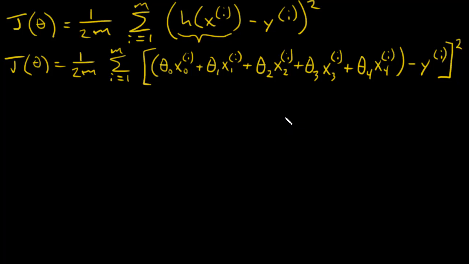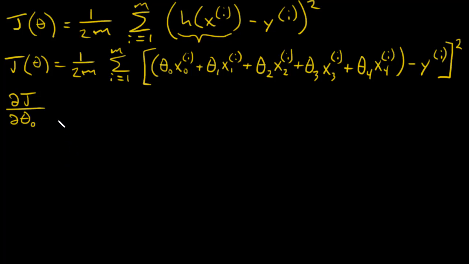Okay, so the reason that I expanded this out is so that I can now take the partial derivative of my cost function and it'll make a little more sense what it winds up being. So I'm going to start off with the partial derivative of J with respect to theta 0.